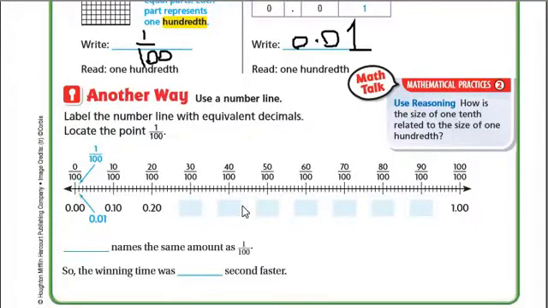Here we have the number line starting from 0 till 1, but this time we divided the one whole into 100 small pieces. In lesson 9.1 we learned how to place fractions with denominator 10, the tenths, on the number line.